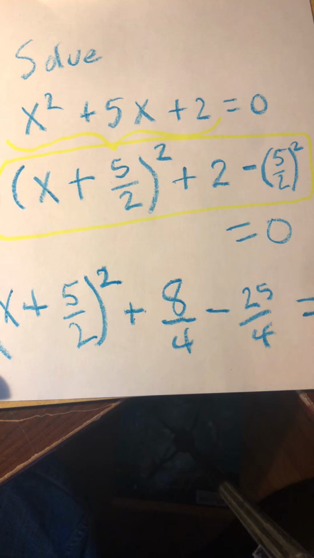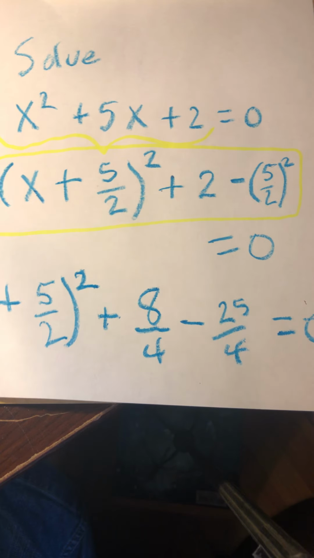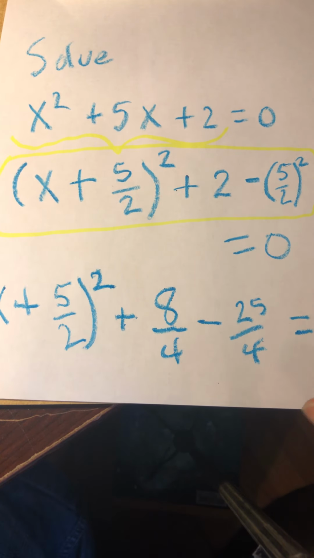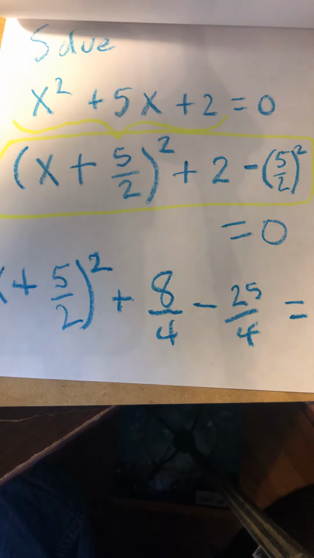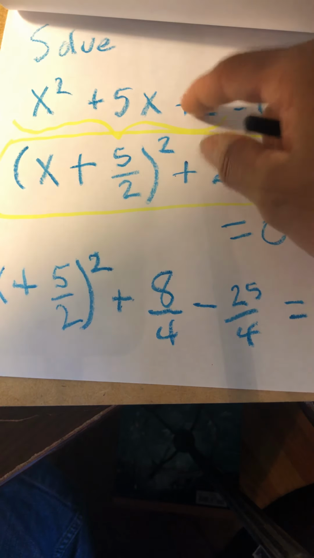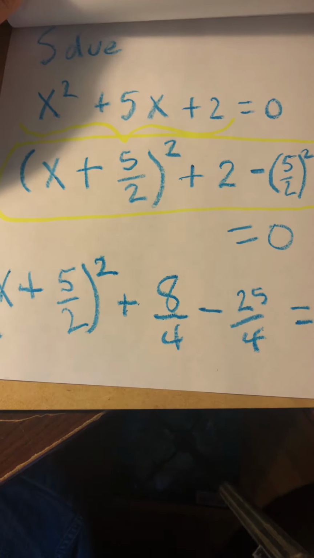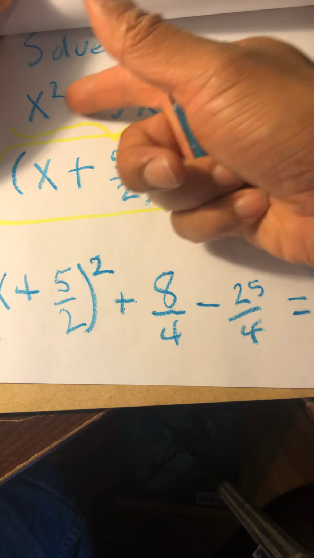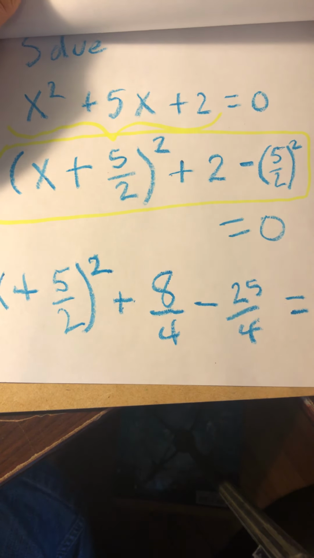And that's equal to 0. So what I'm going to do now is solve that. The solution is now easier, it's clearer what's going on here than just looking at the original. You can't just say x equals something from the original, but here you can almost say that.